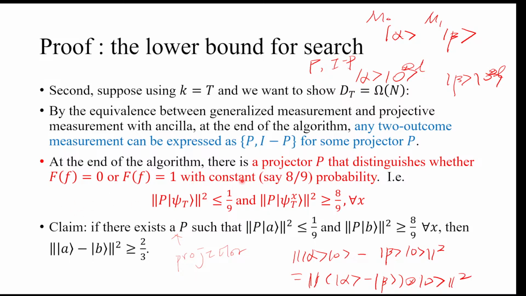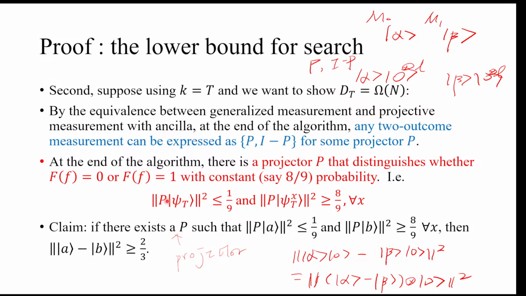Okay, and anyway here our constant is 8 over 9, and so we have 8 over 9 success probability. Then we want that, and now go back to our yes instance and no instance. So what is this thing?